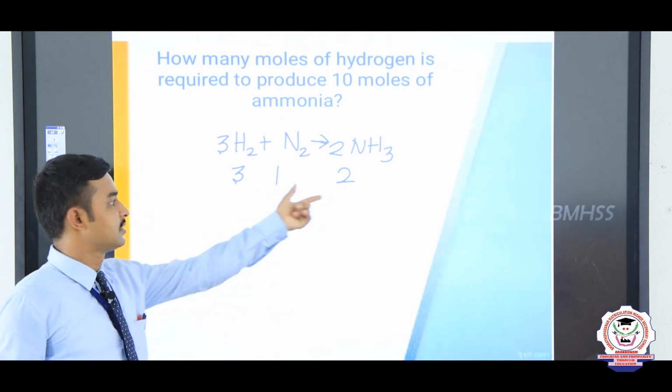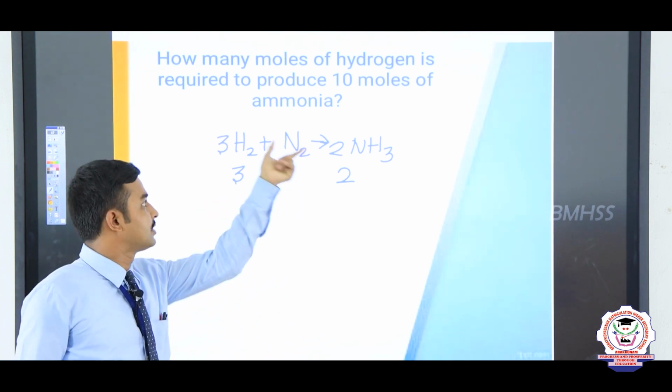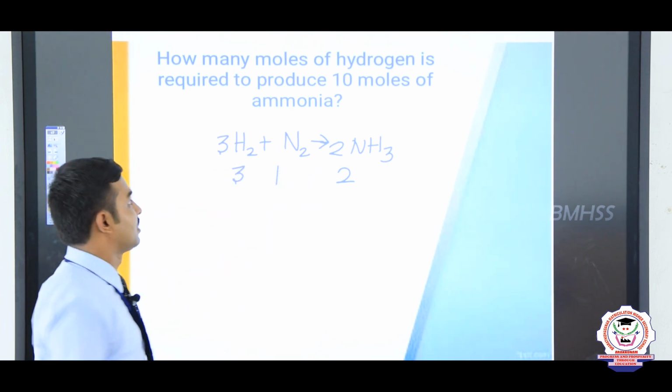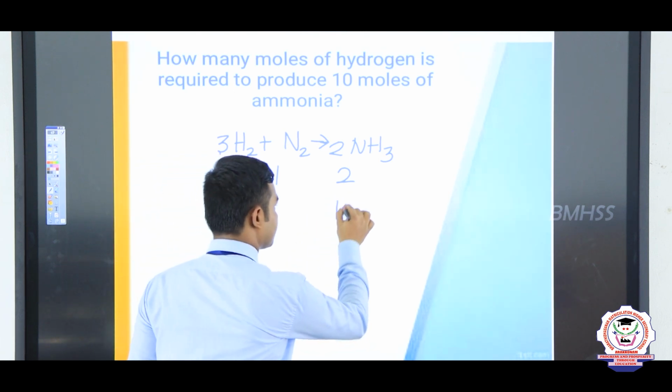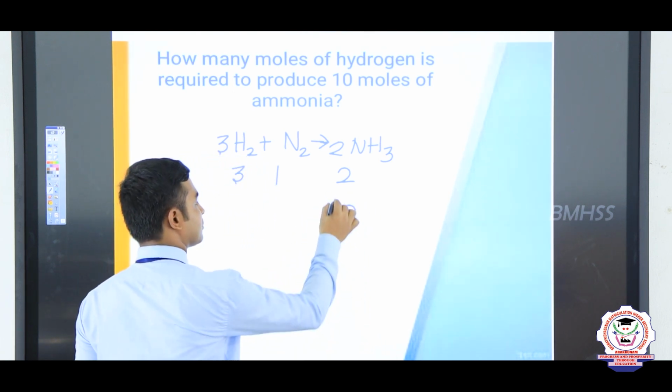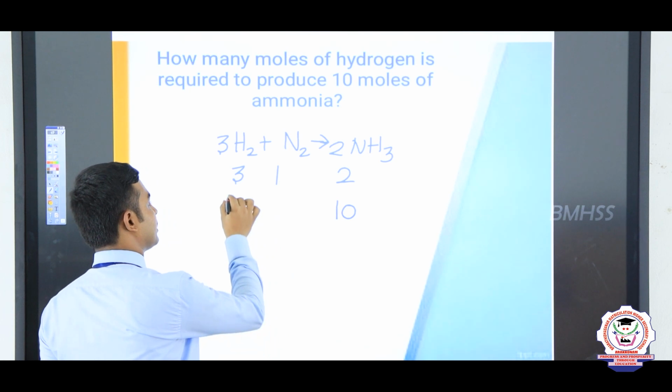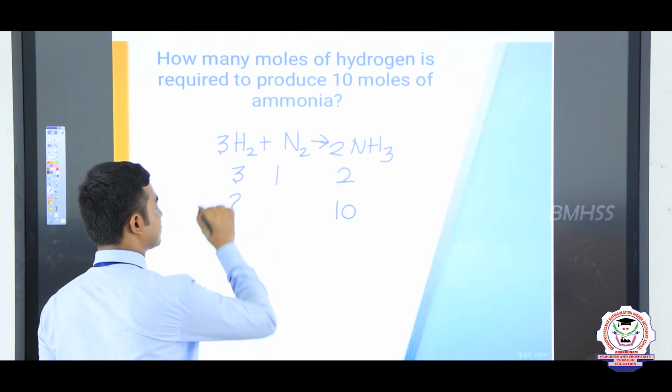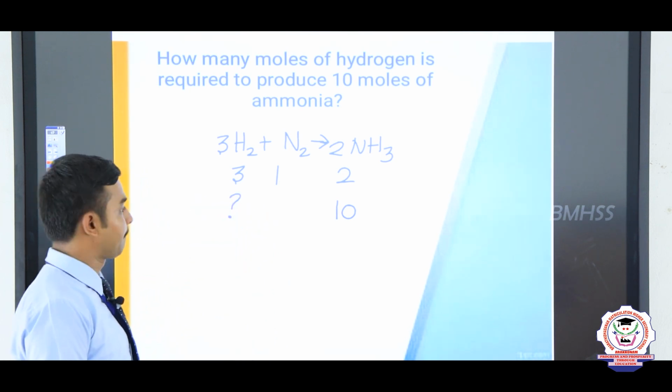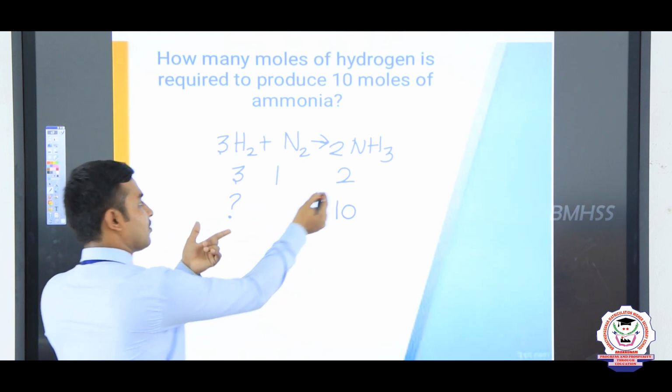This information is obtained from the equation, and we want to produce 10 moles of ammonia. So to produce 10 moles of ammonia, how many moles of hydrogen are required? This is the question.